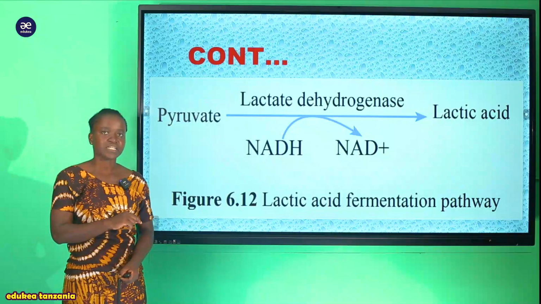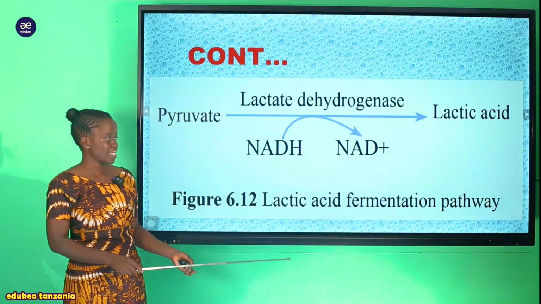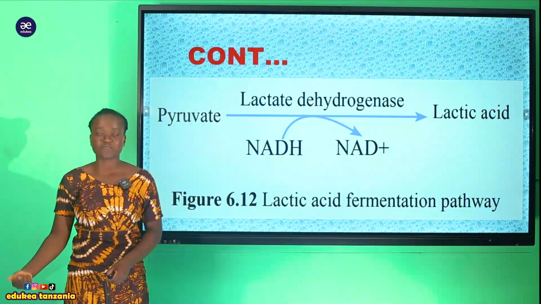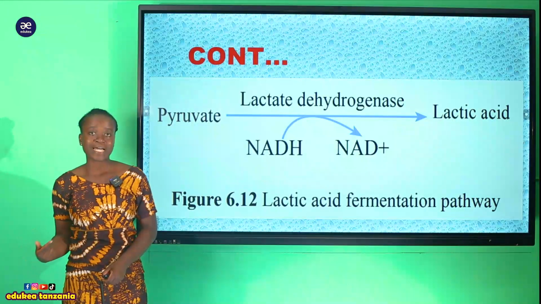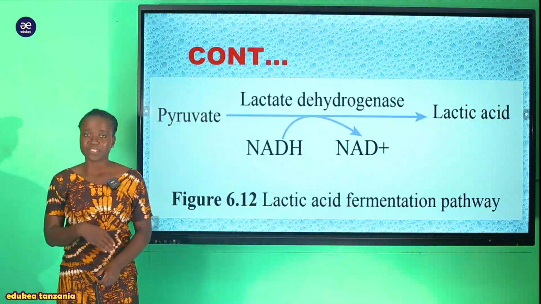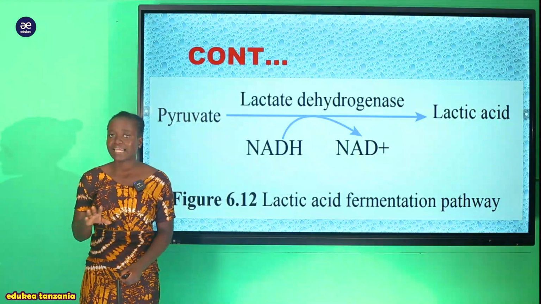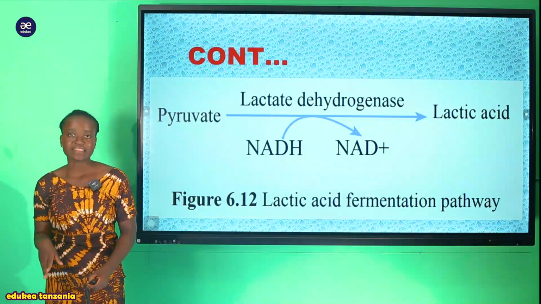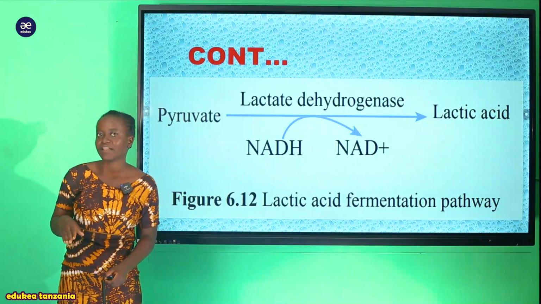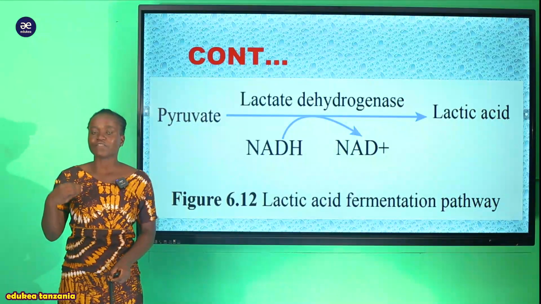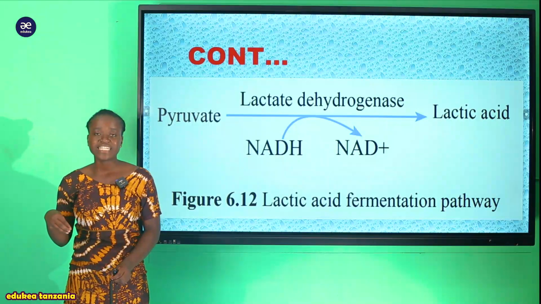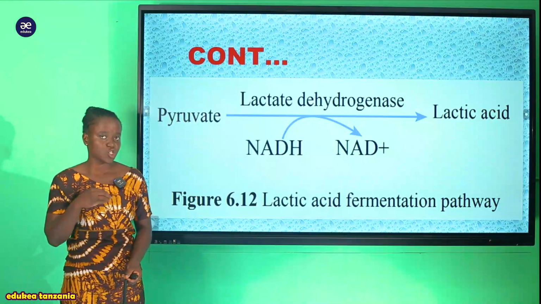Here I have said that this lactic acid fermentation mostly occurs within the animal tissue, specifically within the muscles. And apart from that, this lactic acid fermentation mostly occurs in some bacteria. Why in the bacteria? Because in the bacteria they just respire anaerobically. There is no need of the oxygen. That's why this process normally can take place in such areas.